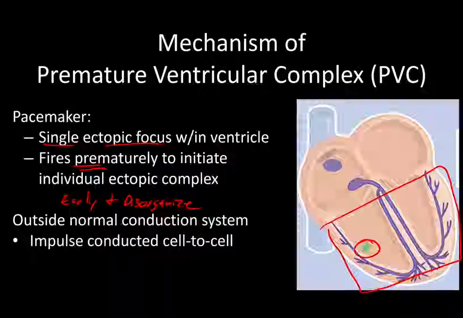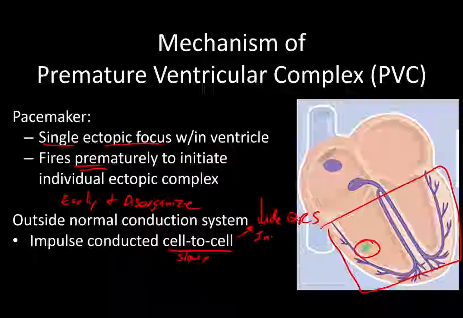What I mean by that is it happens outside the normal conduction system, and the impulse is conducted cell to cell, which, as we know, makes it a slower system of conducting that impulse across the ventricles, and that causes us to have a wide QRS and inverse T waves. As we go forward, you'll understand what I mean by that. But those are the two big criteria for a PVC.